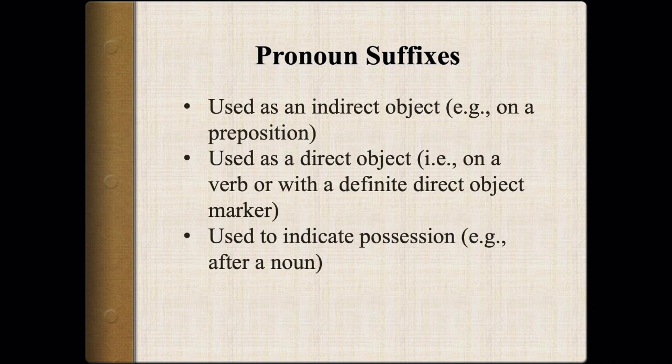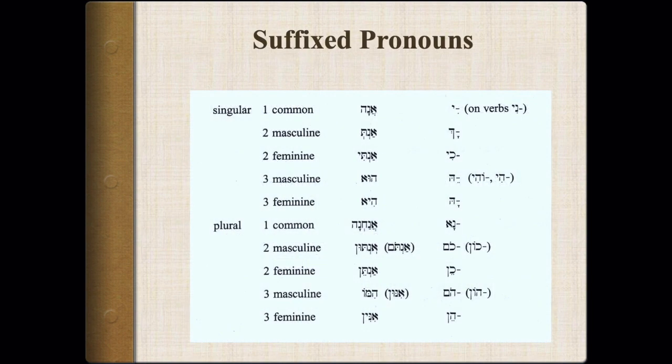And they can be used to indicate possession, for example, when added to a noun. Now notice here on the left, we have the various independent pronouns, and on the right, the suffixed pronouns that are their equivalent.